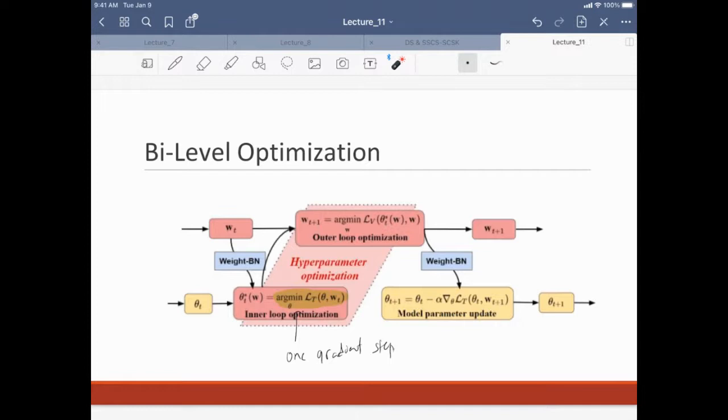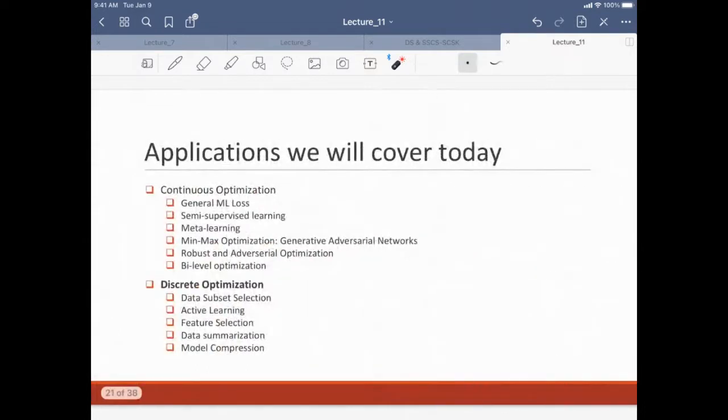Because you're taking one gradient step, you can optimize this very easily. You can then do this procedure, and it turns out that this performs very well in many applications.